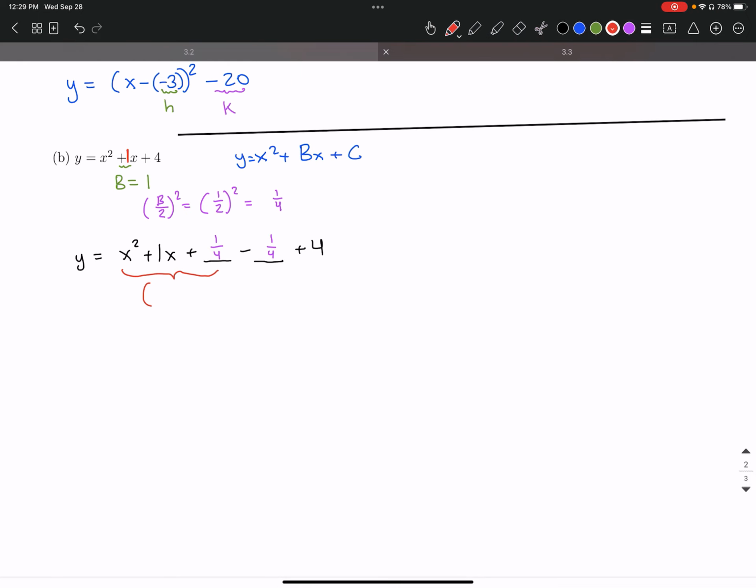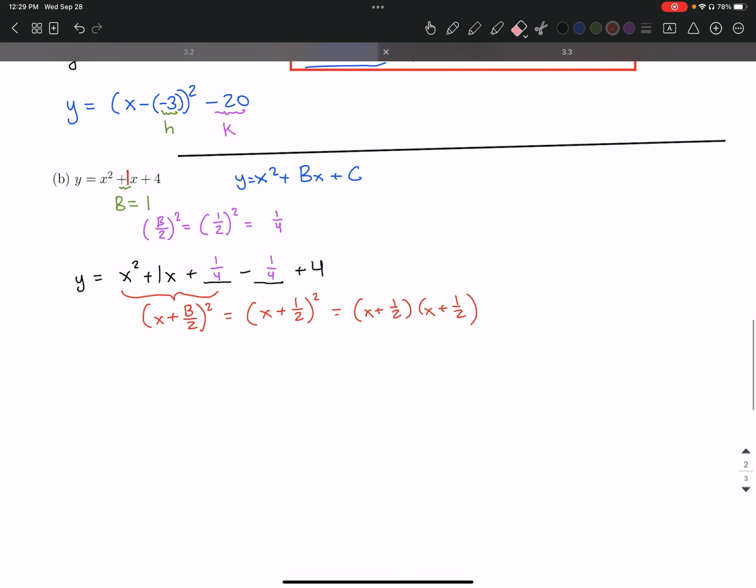So the claim is this is going to factor into (x plus b over 2) squared. In our case, since b was 1, this will factor into (x plus 1/2) squared, or x plus 1/2 times x plus 1/2, and you can check that that works.